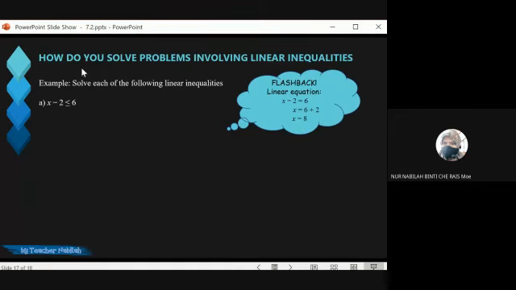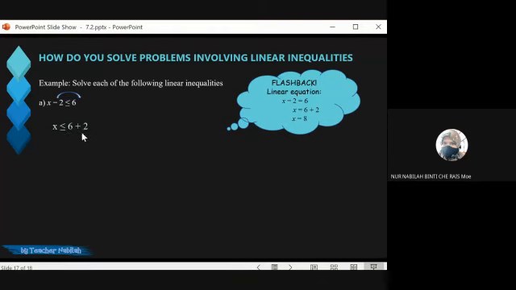For inequality, actually the steps are similar, the only difference is the symbol. So for this case, x minus 2 less than or equal to 6. You bring this negative 2 to the back, it will become x less than, still the same, 6 plus 2. Negative 2 will become plus 2.